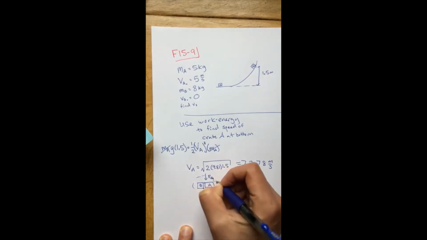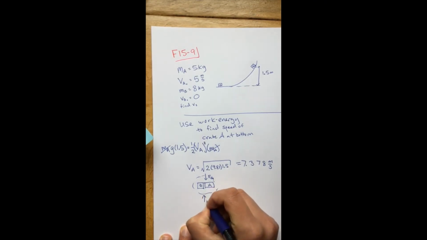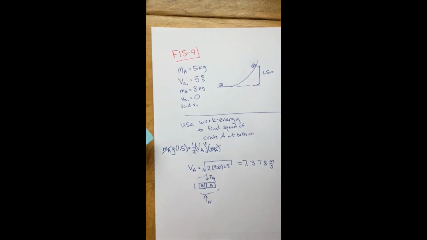This is for the system, so that would be mass A plus mass B times g. I have the normal force acting upwards. And I was told that the ramp is smooth, and so there's no friction in this problem, so there are no forces acting on the system as a whole in the horizontal direction.